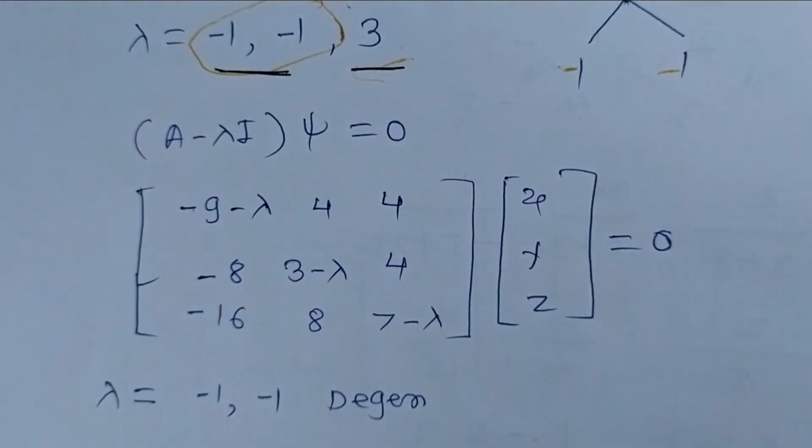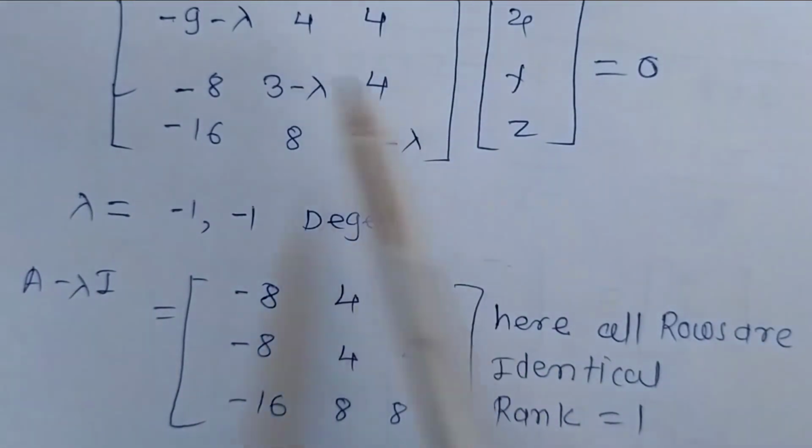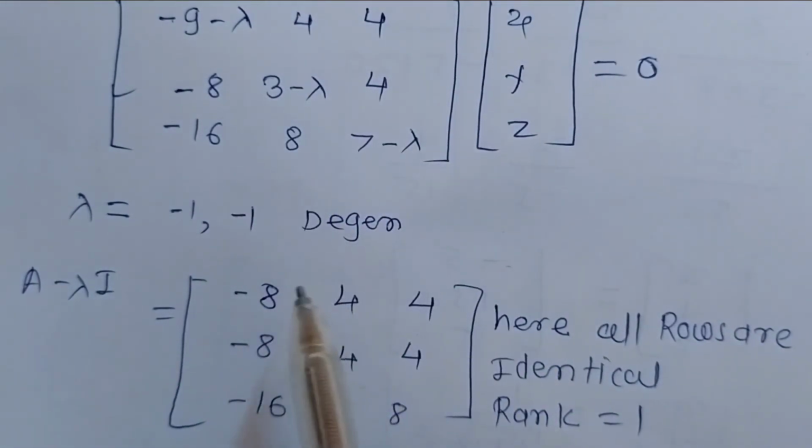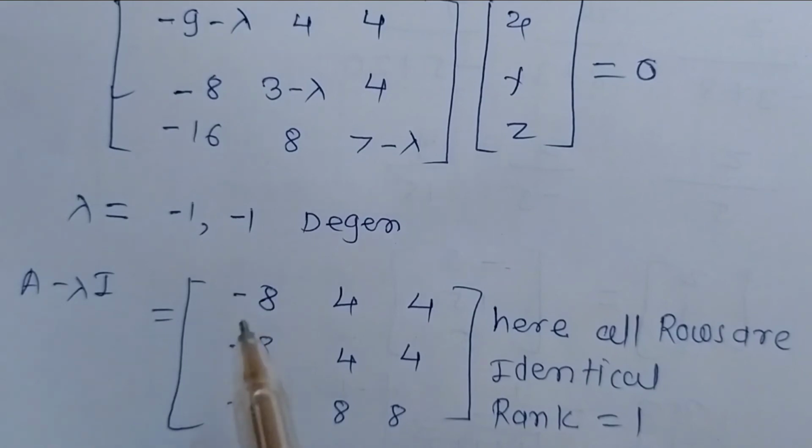this matrix becomes minus 8 4 4, minus 8 4 4, minus 16 8 8. So here all rows are identical. When we divide the last row by 2, it becomes equal.